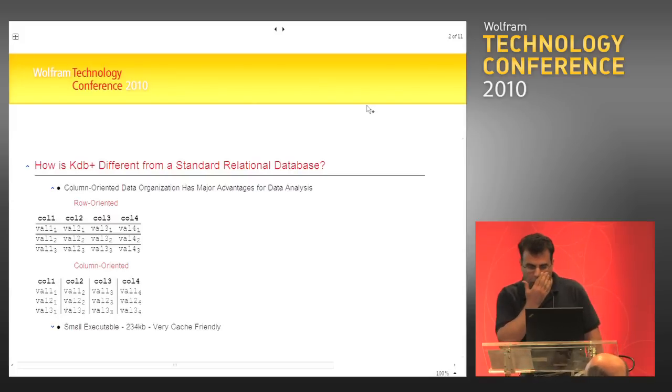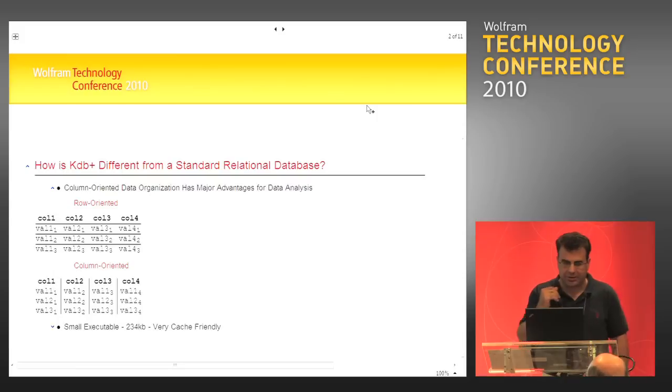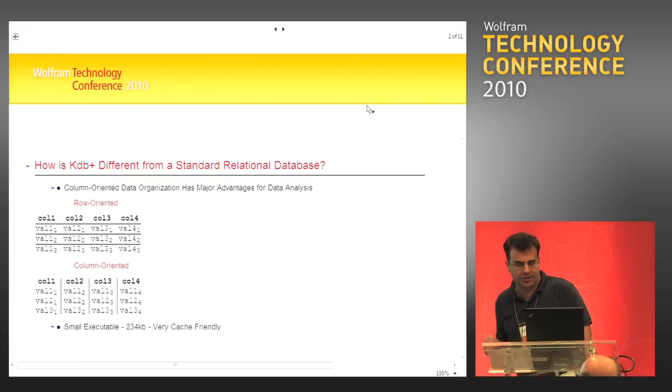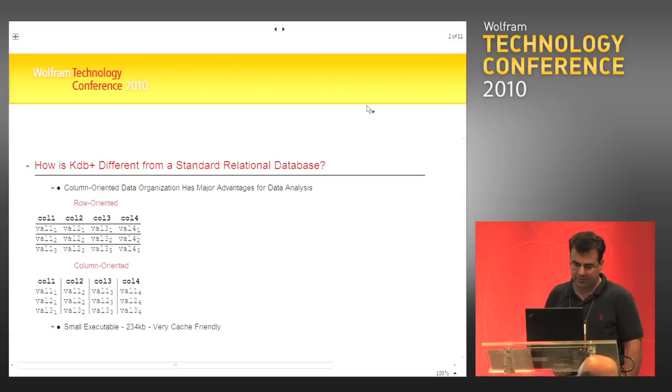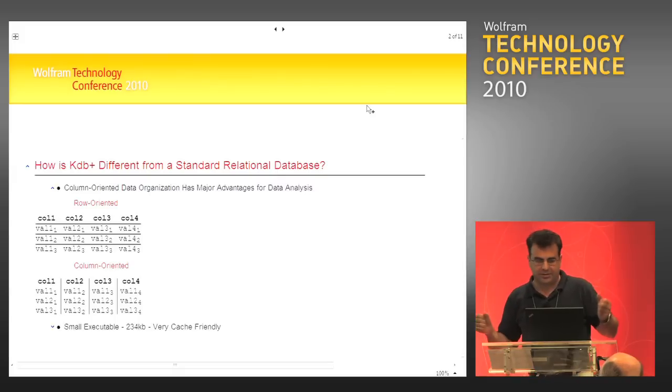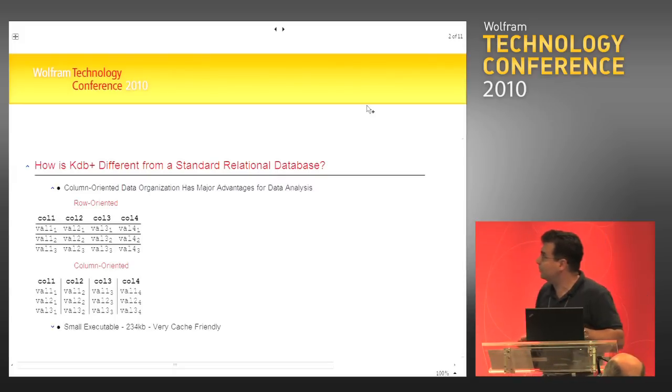So why is KDB faster than a relational database system? Most relational database systems are row-oriented. That's the way the data is physically stored on disk. So you can imagine when you're pulling data, even if you're only interested in column 2, you have to pull out whole rows.